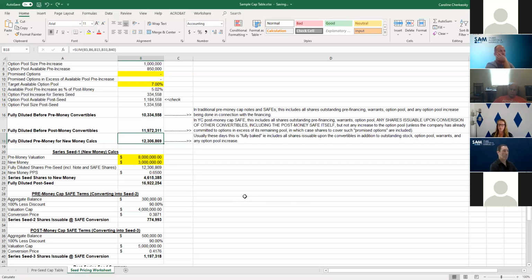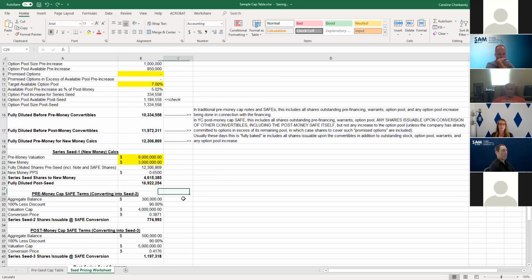So they're getting diluted, yes and no. They're getting diluted only if the cap applies. If the cap does not apply, then they're actually doing more of a post-money structure where their own shares go into the denominator, if the discount were to apply. Right, but if you look at the converted pre-money safes, that number, 300 over 4 million, is 7.5%, but they end up with 4.5% post.